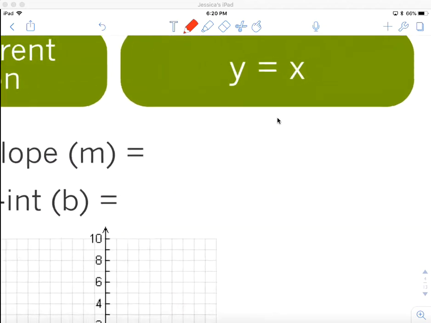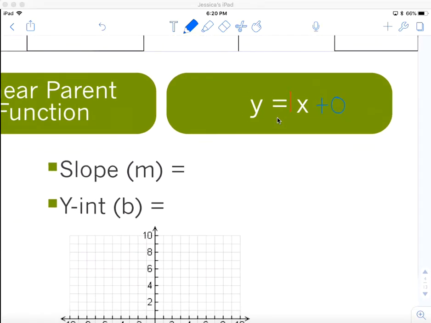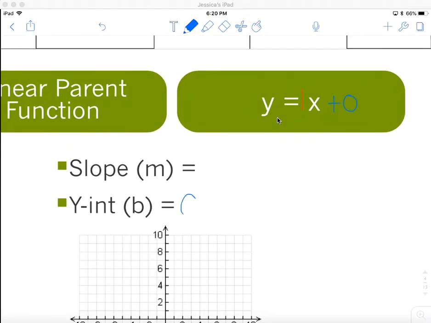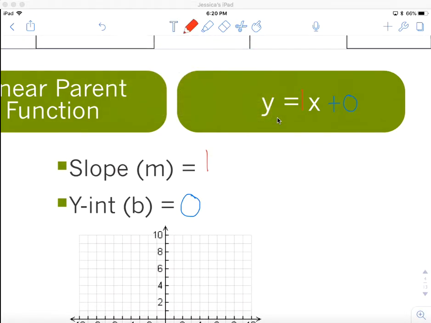For y equals x, there is an imaginary 1 in front of the x that we do not write. There's also an imaginary plus 0 here. So my y-intercept is 0. My slope is 1. Let's talk about how to graph that.